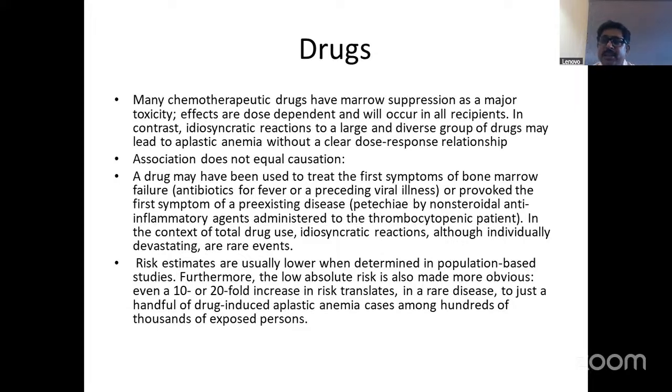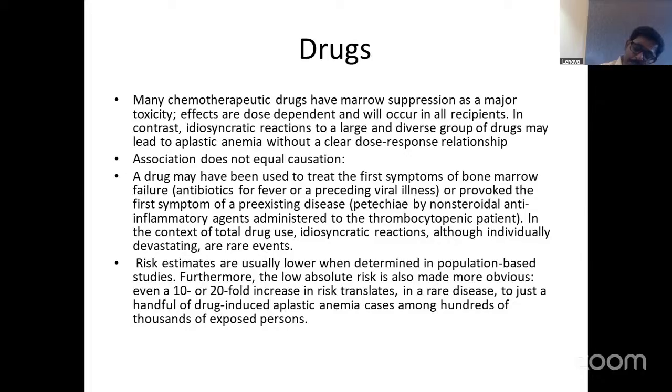So these drugs can precipitate bone marrow failure, but direct association or risk estimates are usually lower when determined in population-based studies. Even if a drug has a 10 to 20-fold increase, if you calculate the overall population-based risk, drug-induced bone marrow failure still would be a rare cause.